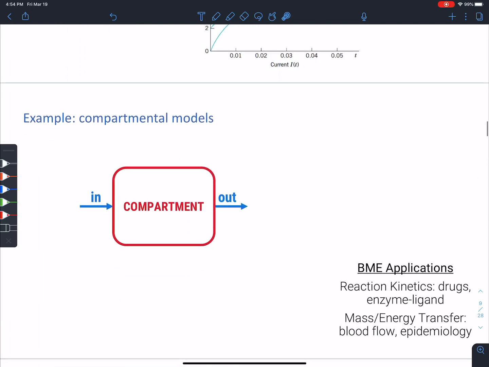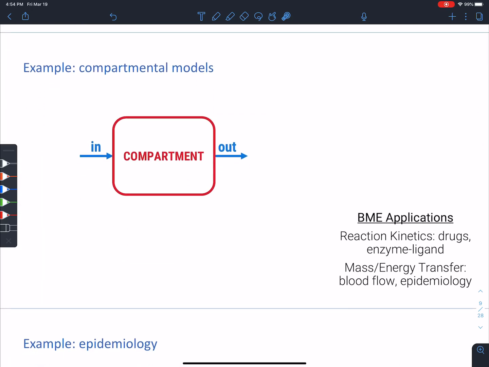Another application that is particularly important in biology and medicine, especially these days, is what we call compartmental models. This is a loose term to define a unit. It's like building Legos. If we understand the Lego piece really well, we can learn how to connect them and how to put them together with other pieces.